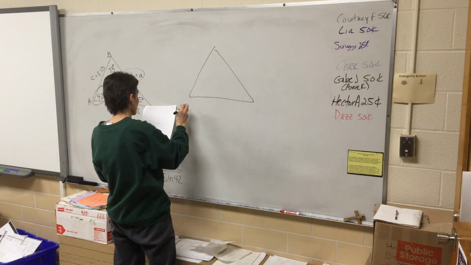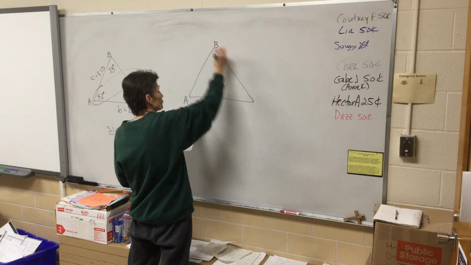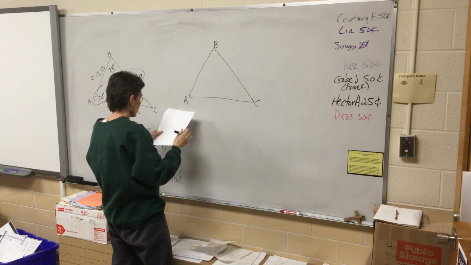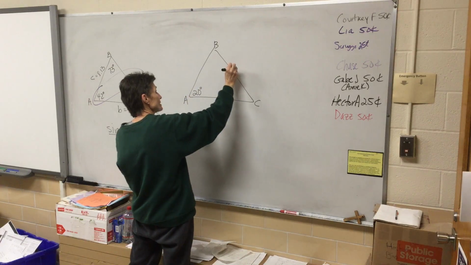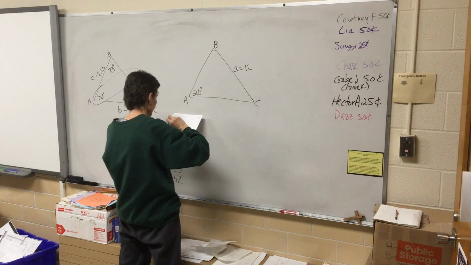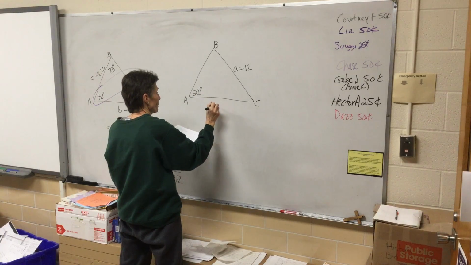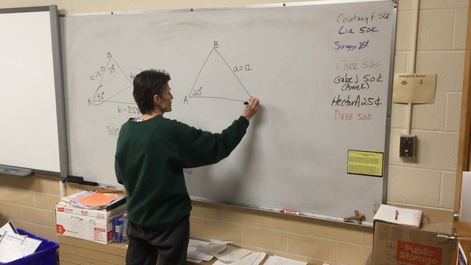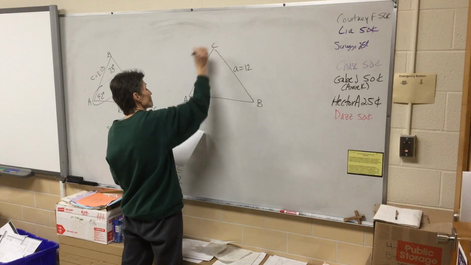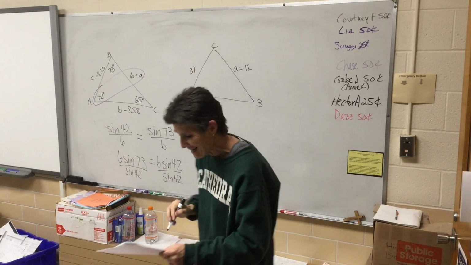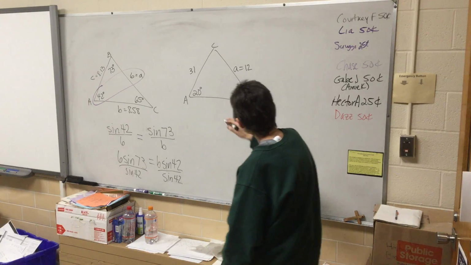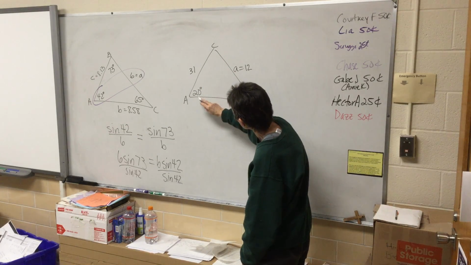When I go ahead and draw triangle ABC, and A is 20 degrees, and side A is 12, and side B is 31. My triangle ABC, I labeled what I knew.